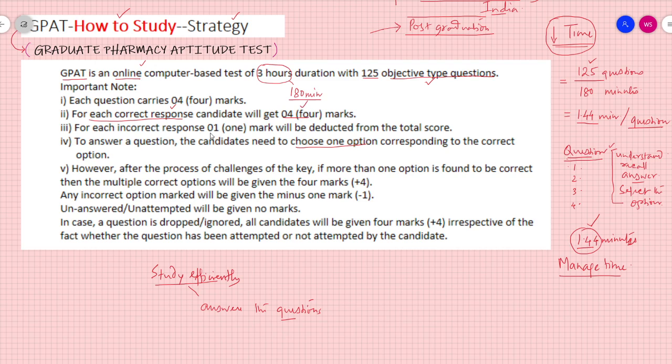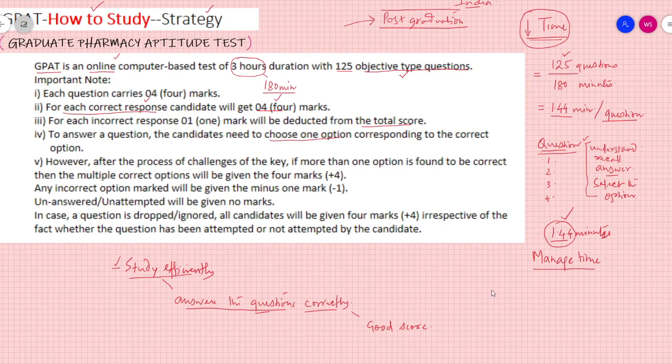If we give an incorrect choice, our total score decreases. So this strategy enables us to study efficiently so that we are able to answer the questions correctly, and that translates to a good score. And if we have a very good score, it maximizes the chances of us entering renowned institutions.